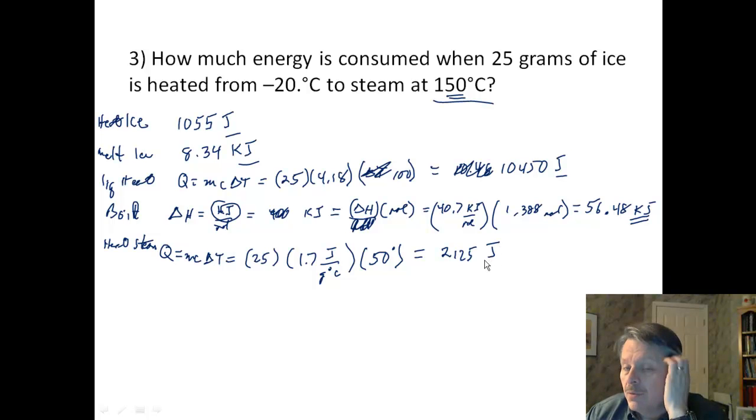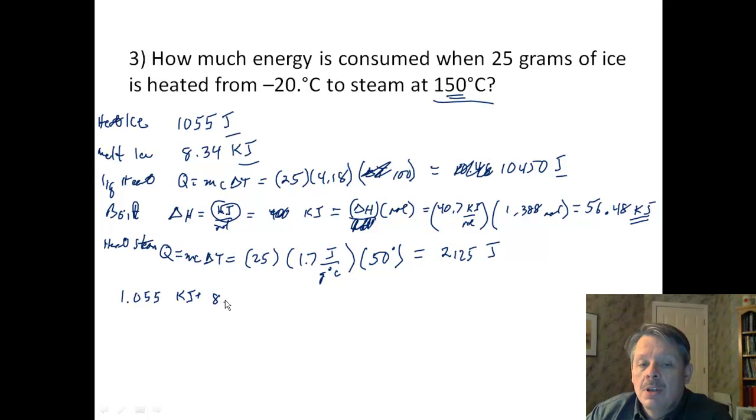All right, since we're going to come up with a really large number, let's convert everything to kilojoules. So it's going to be 1.055 kilojoules plus 8.34 kilojoules plus 10.450 kilojoules plus 56.48 kilojoules plus 2.125 kilojoules.